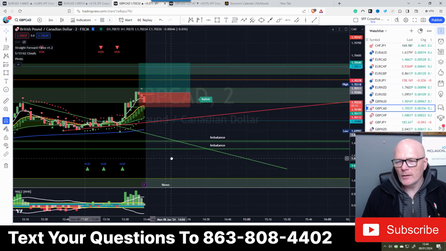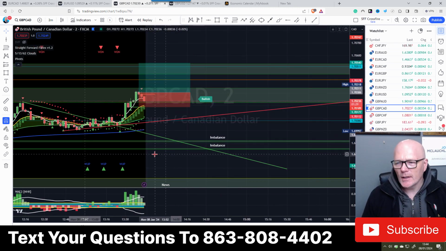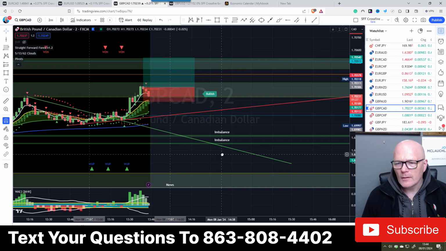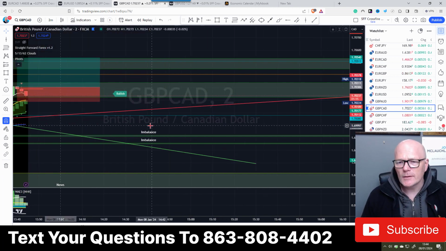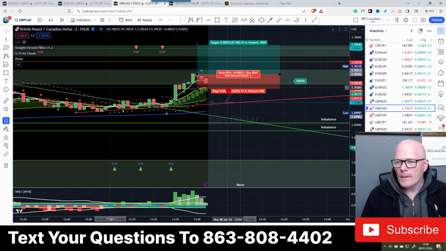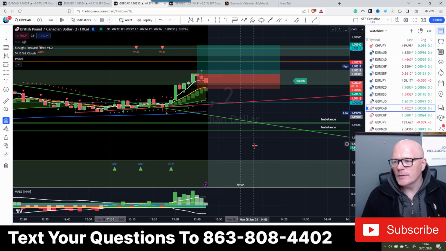Pound Canadian dollar, that's going back down to the downside. So let's see where that goes. Currently, right now, it's right on this area of imbalance, so it's acting as support for that price, but we'll see what goes on with that.